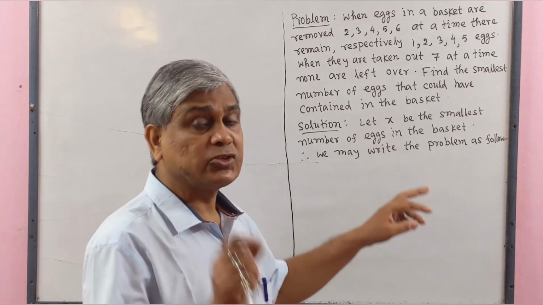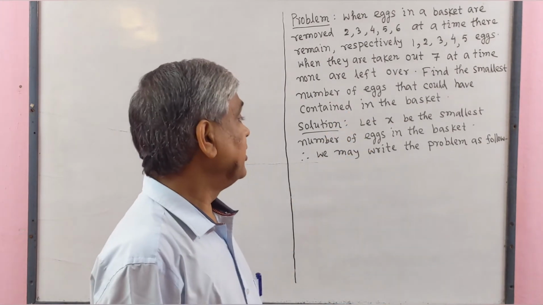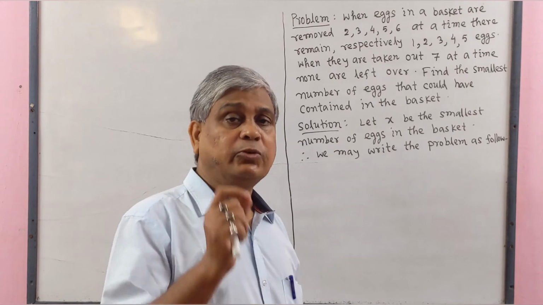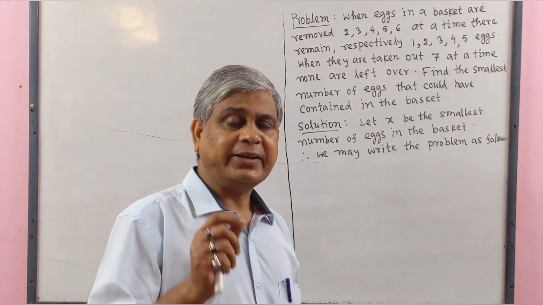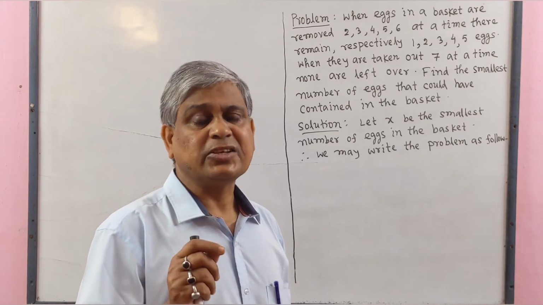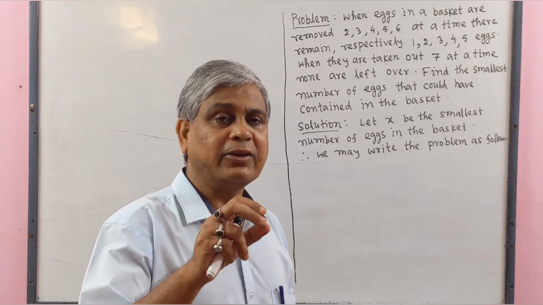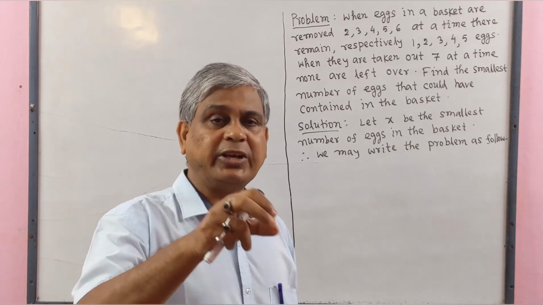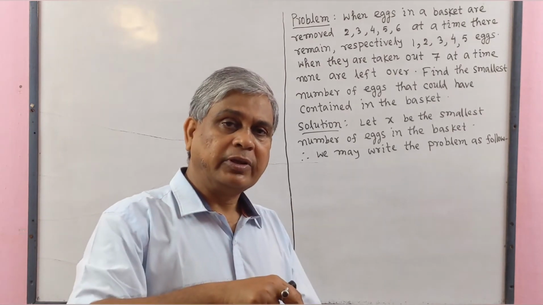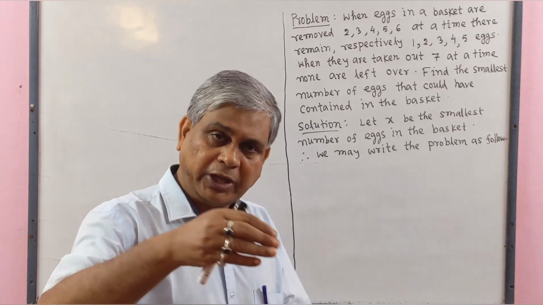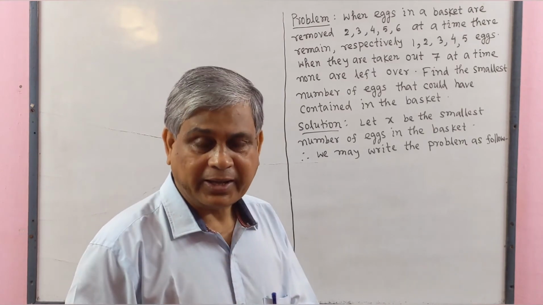Solution. Let x be the smallest number of eggs in the basket. Firstly, we try to understand the problem. For example, let the basket contains 5 number of eggs. If we take 2 at a time, if we take 2, then again we take 2, and we have already taken 4 eggs, so remains only 1 egg.